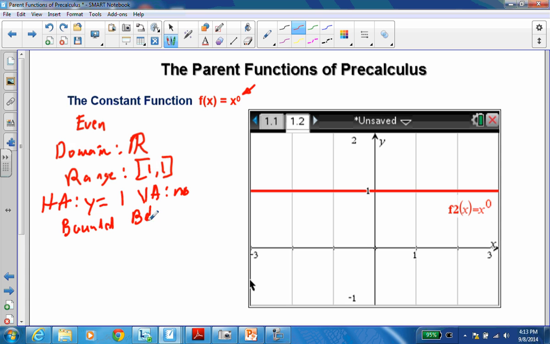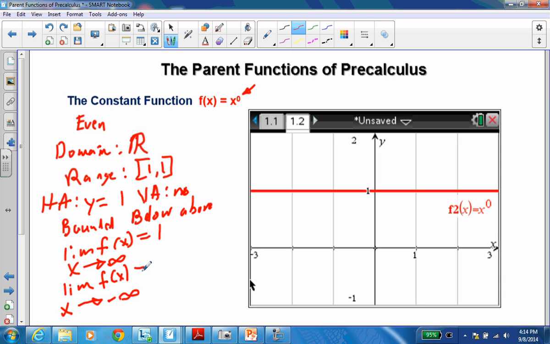Okay, the limit as x approaches infinity of f of x is what? It is 1. And the limit as x approaches negative infinity is also 1.